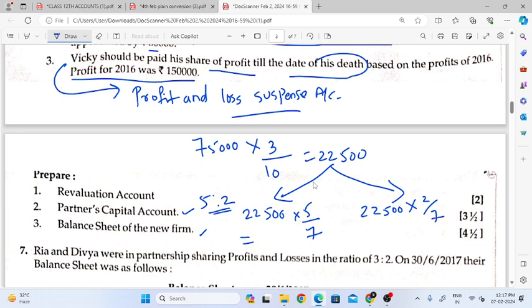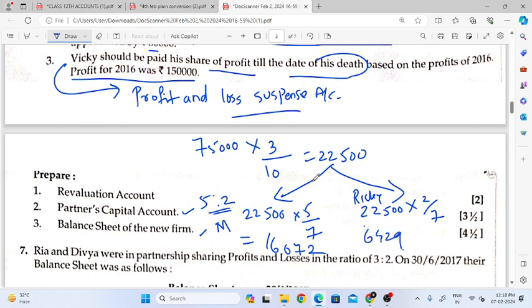This is for Mickey, and this is for Ricky. So 22,500 multiplied by 5 divided by 7 will give you 16,072, and 22,500 multiplied by 2 divided by 7 gives 6,429.